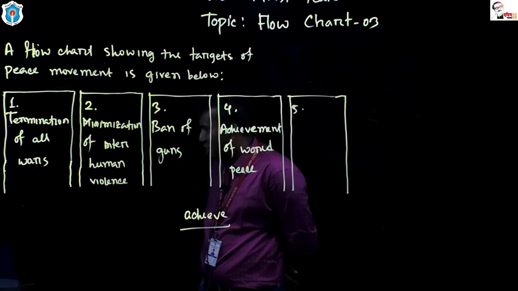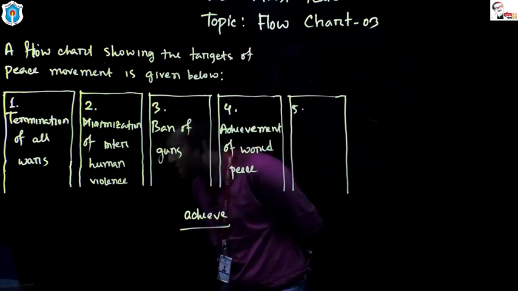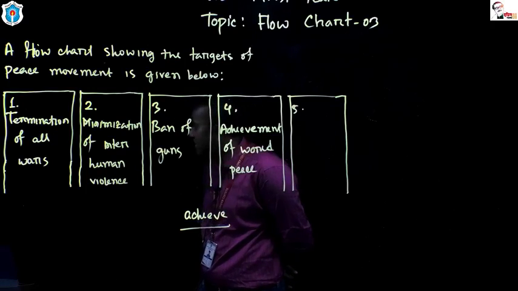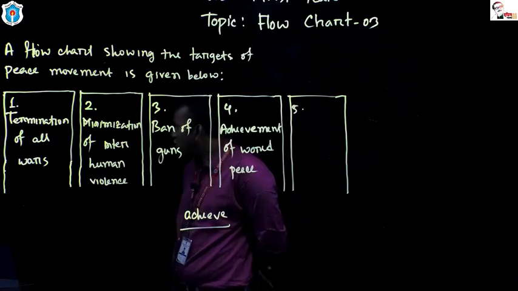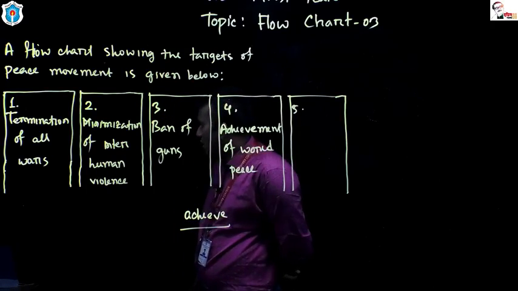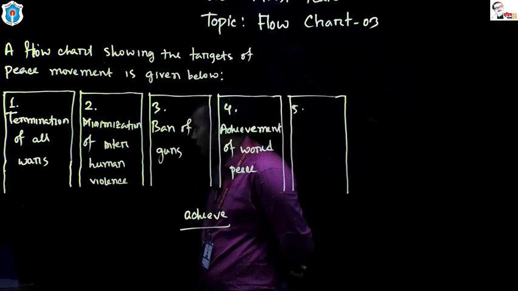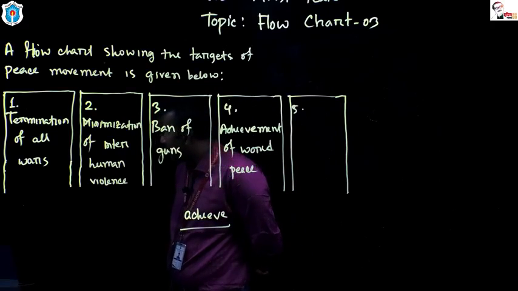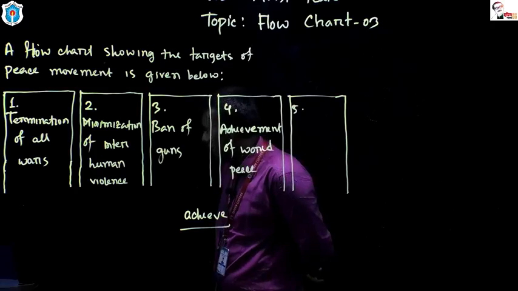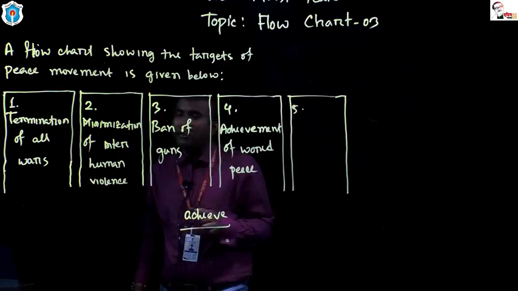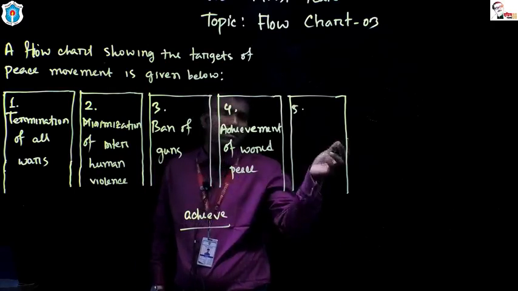Peace movement has a target like proliferation of dangerous technologies. Peace movement opposes the proliferation of dangerous technological weapons. Yes, excellent answer from Abdullah Al-Maruf. Start with a capital letter. Excellent answer. All of you are welcome here.